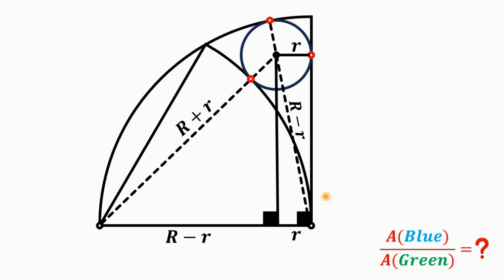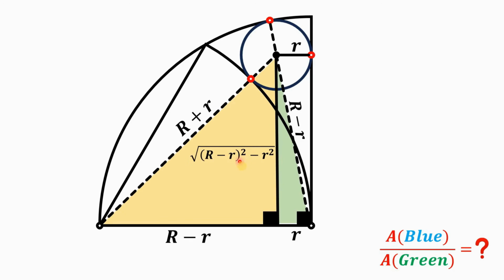Now, let's focus on this right triangle. Since it is a right triangle, we can use the Pythagorean theorem. So to get the other leg, we can use the Pythagorean theorem, and there it is. So this length is just the square root of quantity capital R minus r squared minus r squared. And now, we have here another right triangle.